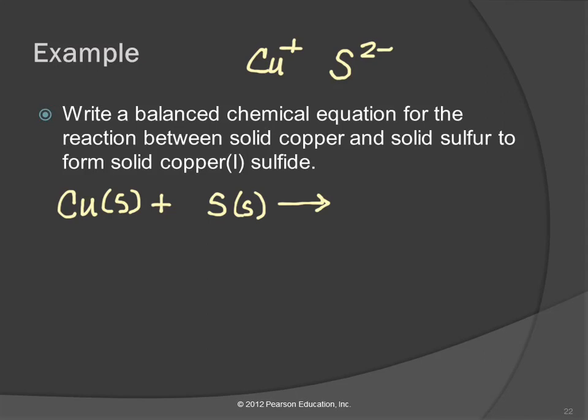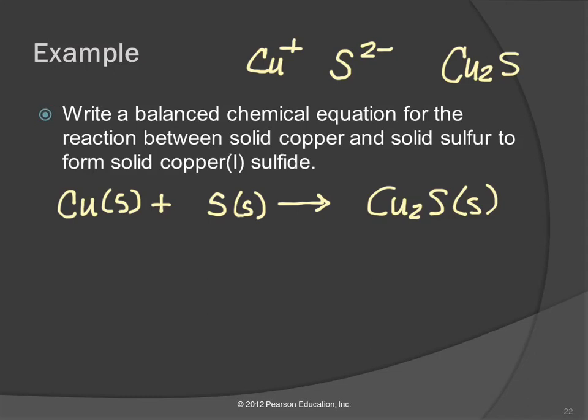They are not the same. You could do the crisscross thing, and you're going to end up with Cu2S as your formula. Cu2S. And it says that's also a solid. So that's the first step, to get the formulas done. Sometimes that's done for you.